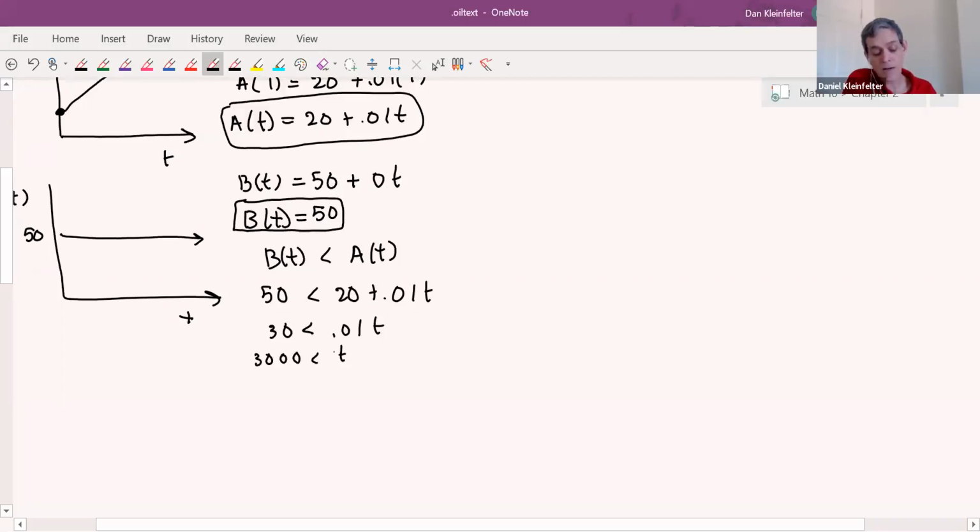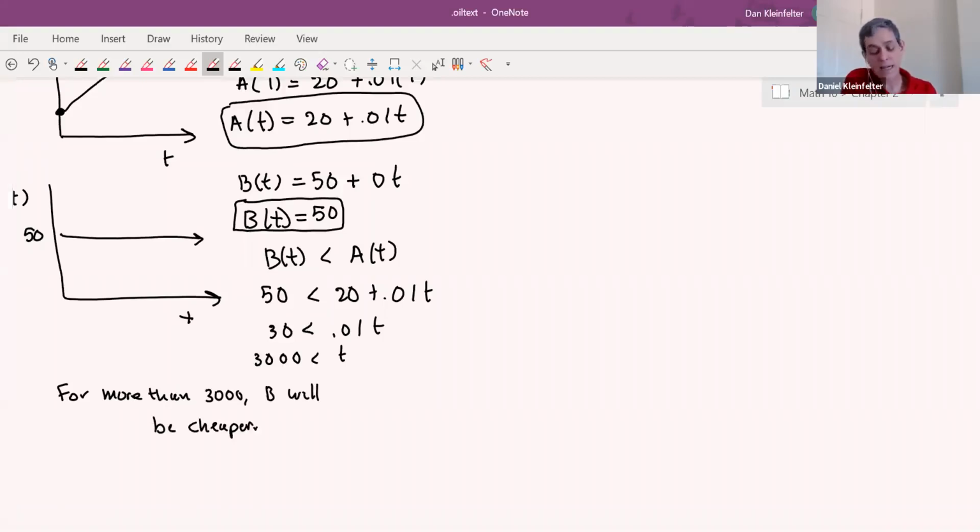T has to be greater than 3,000. So if you send more than 3,000 texts, B will be cheaper. Okay, all right, and so that's how that example plays out.